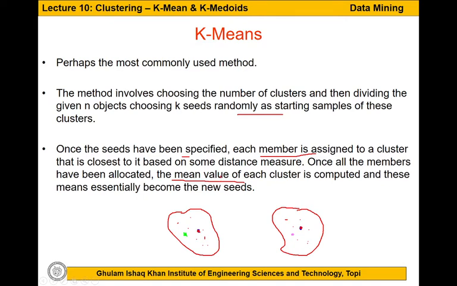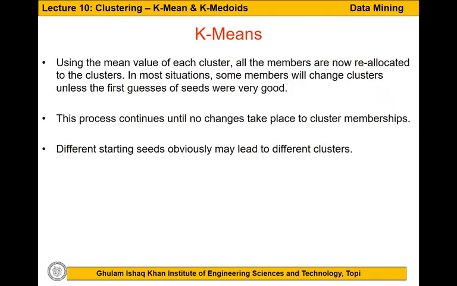Later I'll be showing you the complete algorithm and the example as well, where you will have an adequate idea of how it works. Now, using the mean value for each cluster, the members are reallocated to the clusters. As I earlier stated, in most situations some members will change clusters unless the first guess is very good, right?